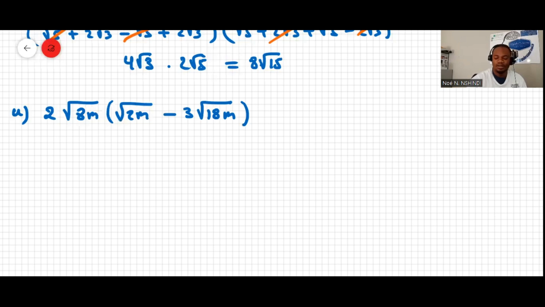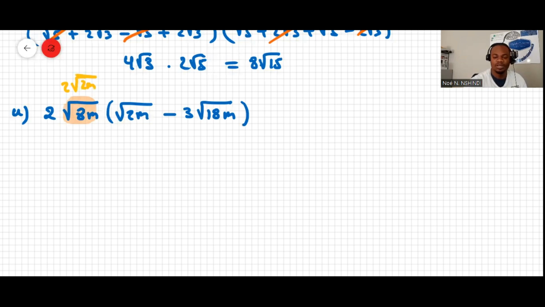Before I solve this, I prefer to simplify this root here. I know that 8 is a cube number, so this will be equivalent to 2 root 2m. Why am I saying that?